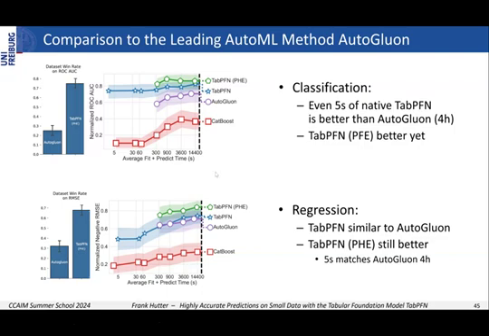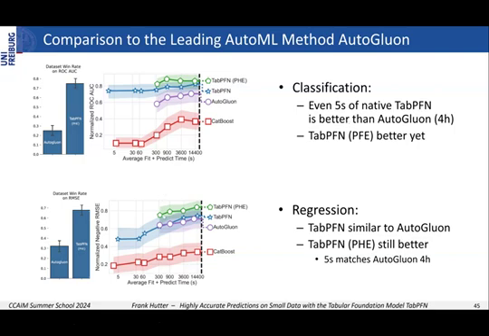And the result here is the win ratio against AutoGluon is sort of 75% to 25%, so highly statistically significant. For classification, even the 5-second version of TAPIFN without this PHE is on par or better than AutoGluon, and with this PHE, it's clearly better.